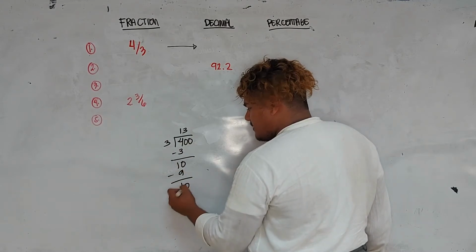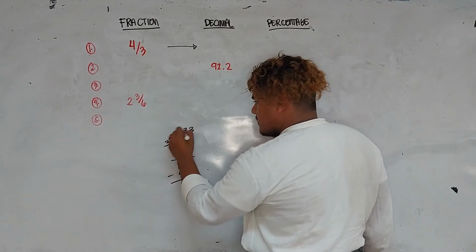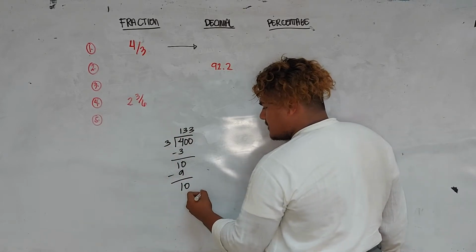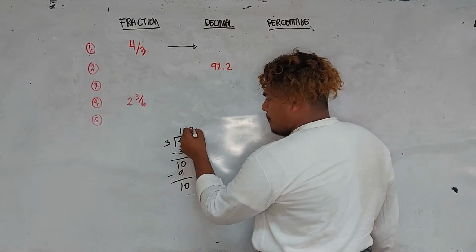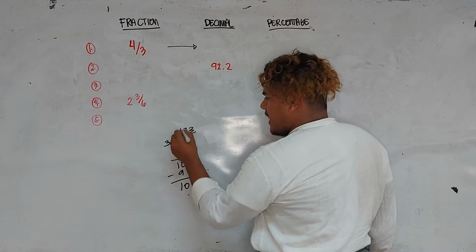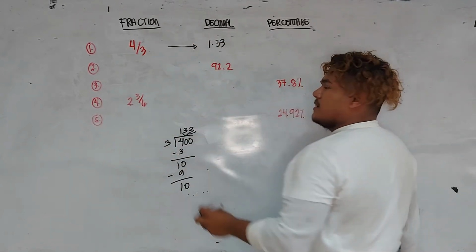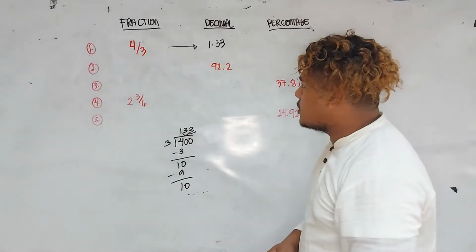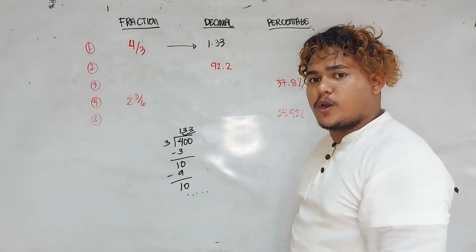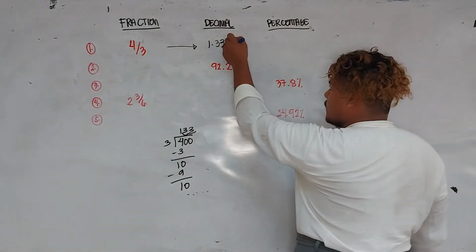That is 1, 0, that is 3, and so on and so forth. So, 2 decimal places back, that becomes 1.33. So the decimal equivalence of 4/3 is 1.33.